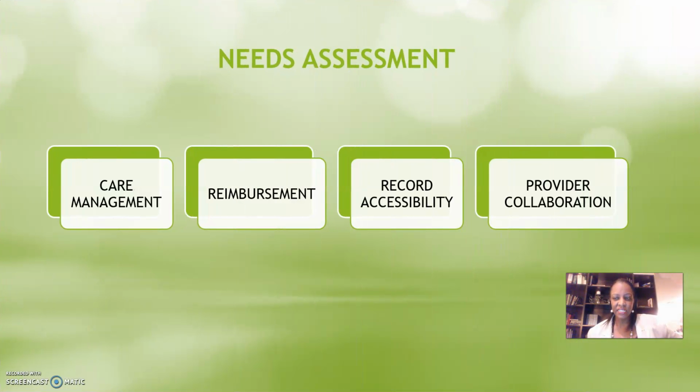Let's discuss the needs assessment. The needs are care management, reimbursement for the industry, record accessibility, and provider collaboration. Patient care management is the database centralization to assist in patient care and the continuum of that patient care for emergency services, recent labs, and also diagnostic reports to avoid duplication of services for a high-risk patient.